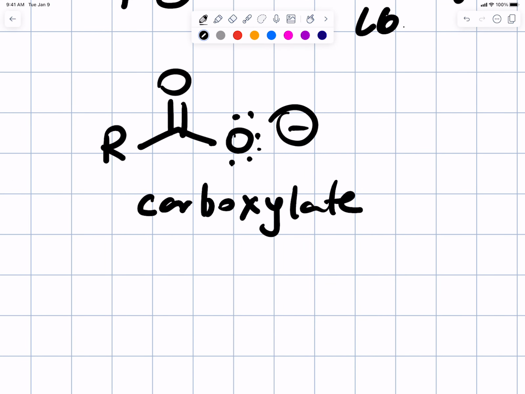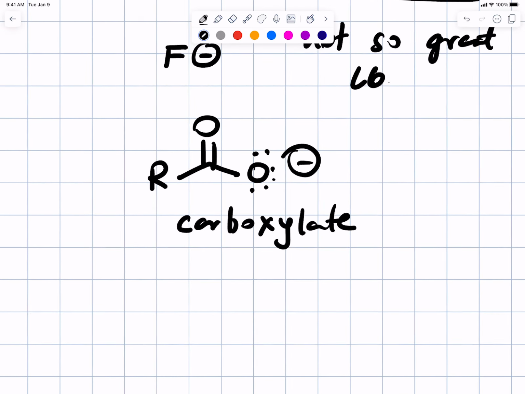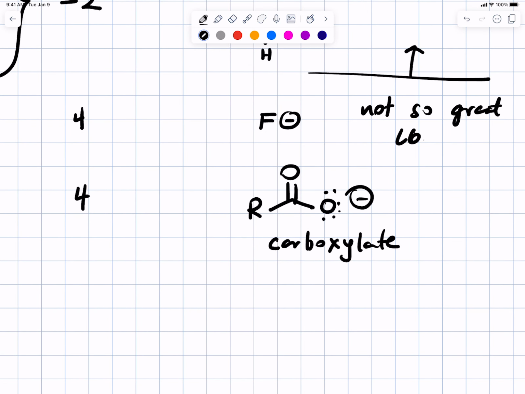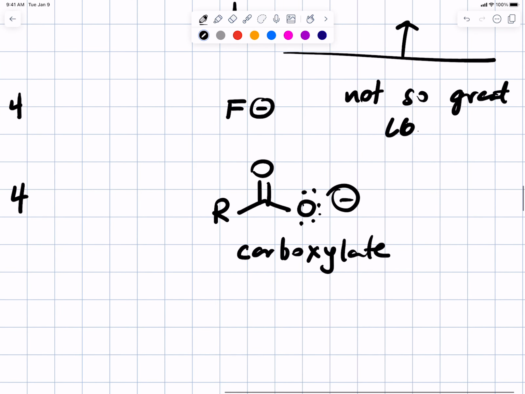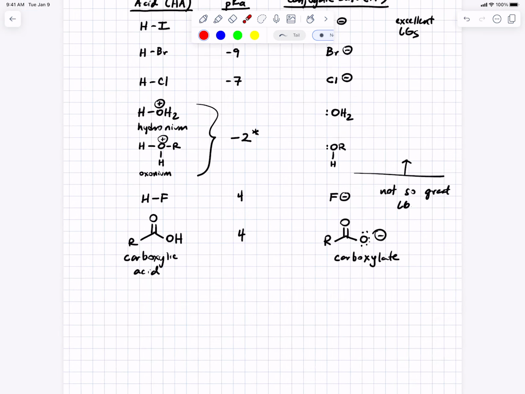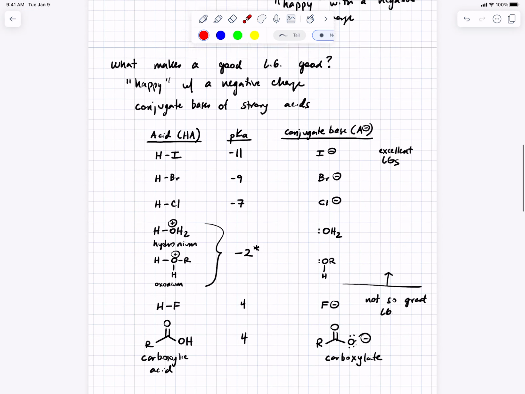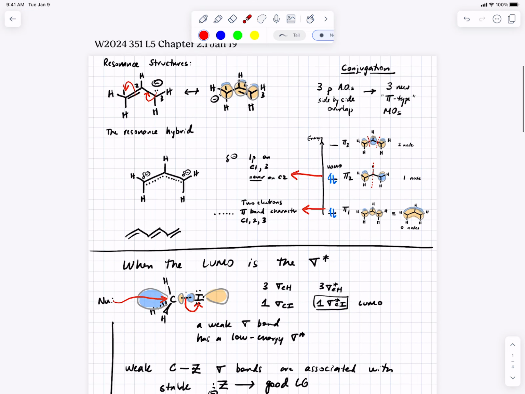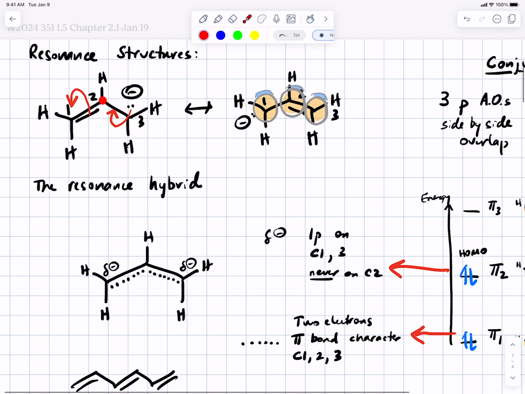If you relax your eyes a little bit with the carboxylate, you can see similarities between this situation. 3 atoms in a row, pi bond here, lone pair there with negative charge. You can see similarities between the carboxylate and the allyl anion. 3 atoms in a row, pi bond here, negative charge.